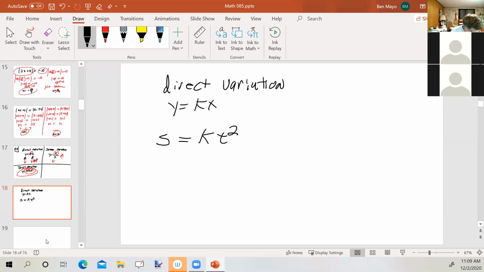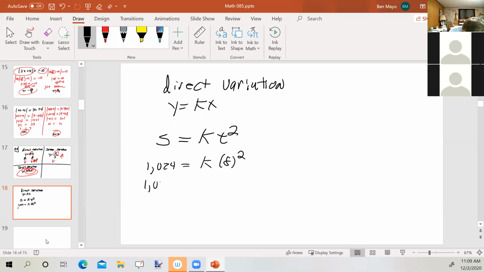Again, it says, an object in free fall travels a distance s that varies directly to the square of the time t. If an object falls 1,024 feet, so that's s, in 8 seconds, so that's t, how far will it fall in 10 seconds?